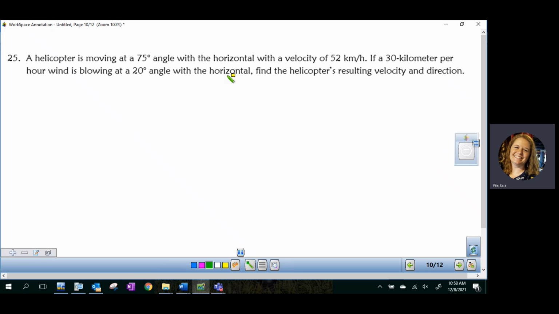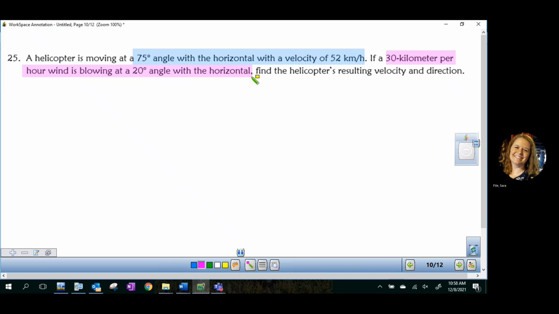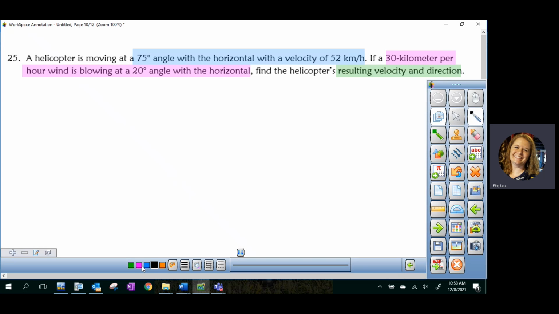It's not a quadrant or true bearing given. This first vector is the actual helicopter's heading, and the second vector is the wind. We want to know the resulting velocity and direction, so we want the resultant vector.